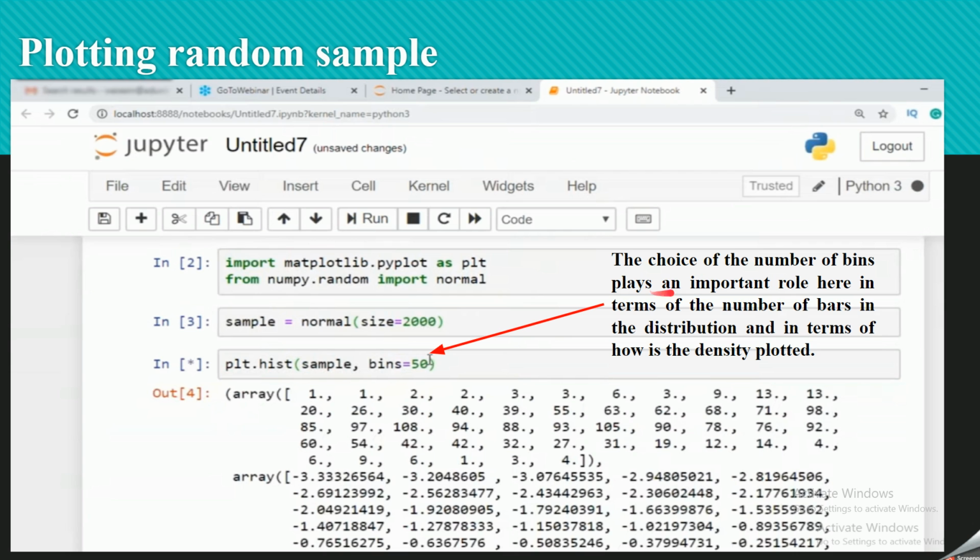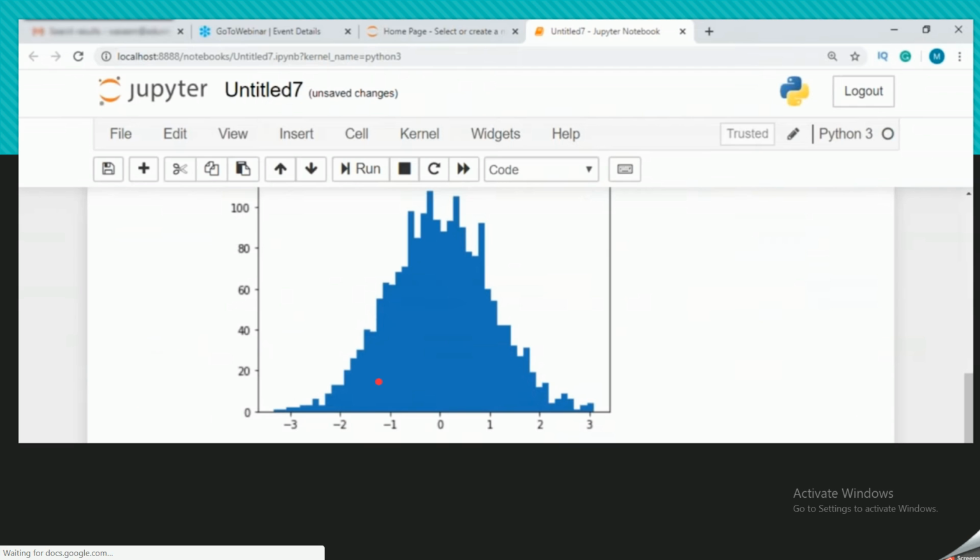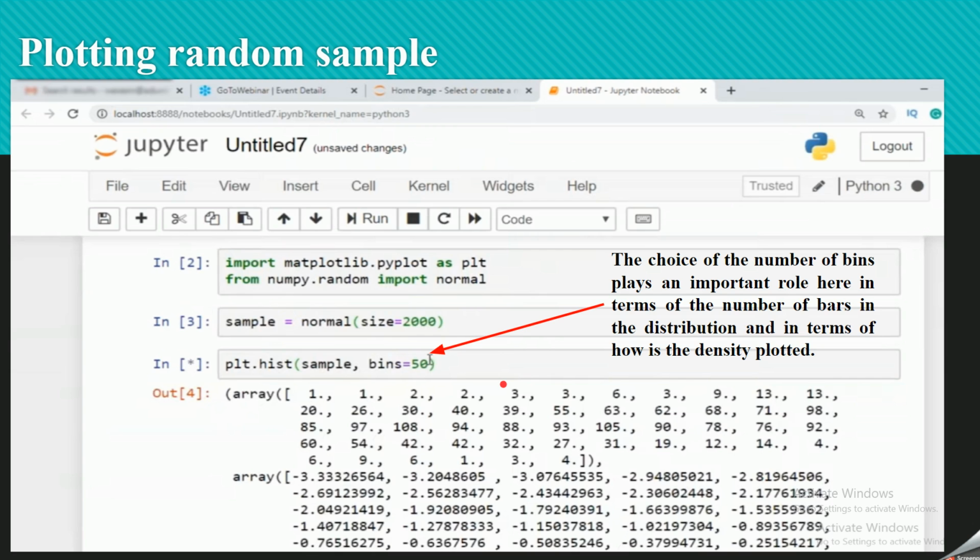The choice of the number of bins plays an important role here in terms of the number of bars in the distribution and how densely populated it is. Let us look at the histogram. So what I have done here is take a random sample of size 2000 and plot a histogram where I have kept the bin value to be 50.